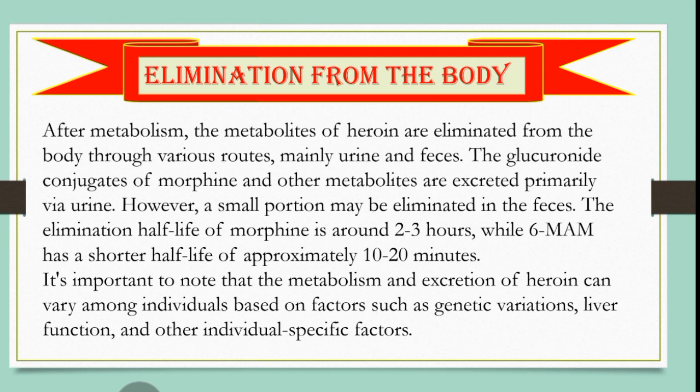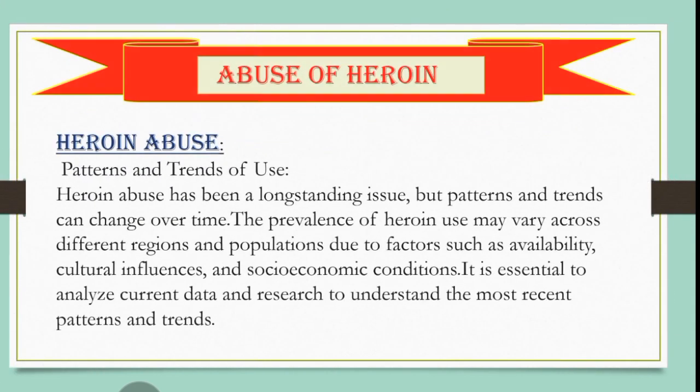Morphine takes 2 to 3 hours to be eliminated from our body, and 6-MAM has a shorter life, approximately 20 to 30 minutes to be excreted. It is important to note that the metabolism and excretion of heroin can vary among individuals based on their genetic variations, liver function, and other individual-specific factors.